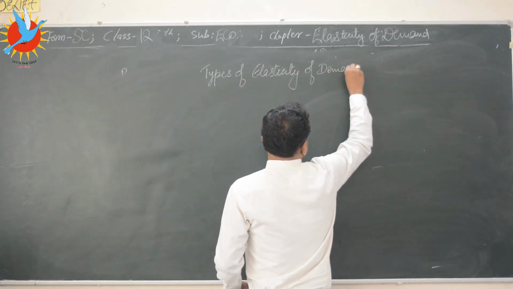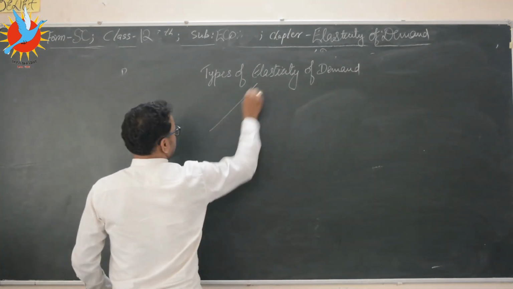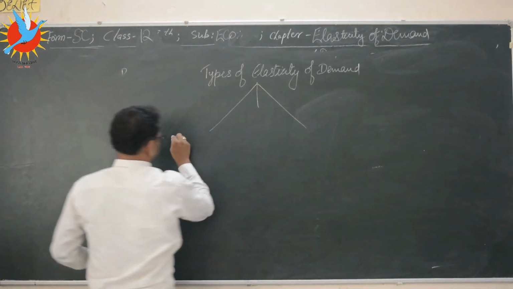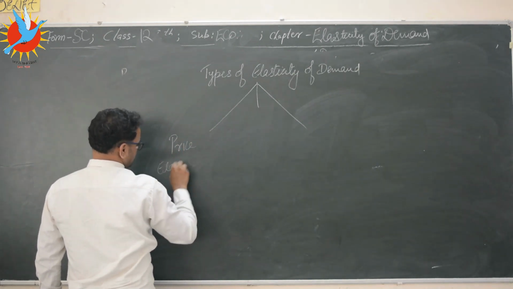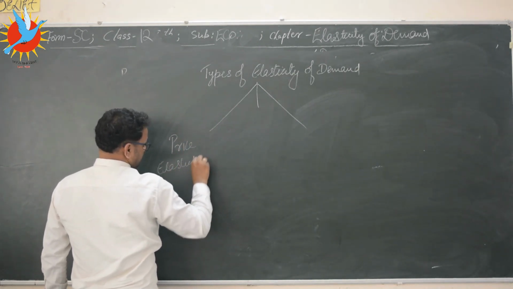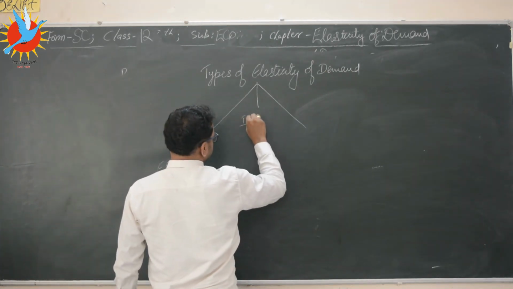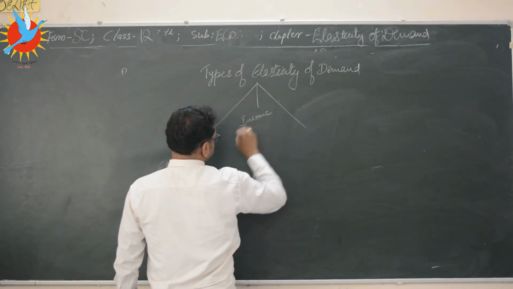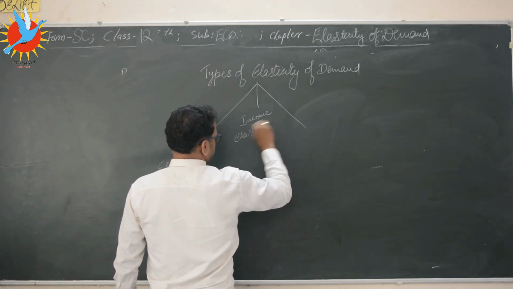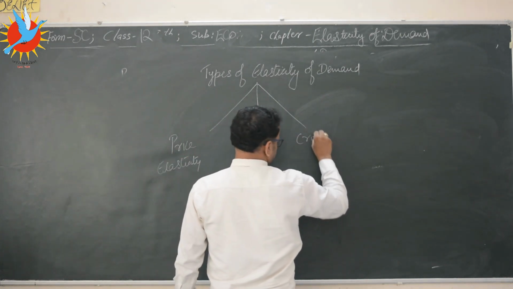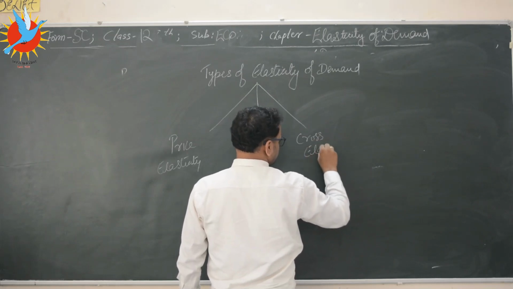There are 3 types of elasticity of demand: price elasticity, income elasticity, and cross elasticity.